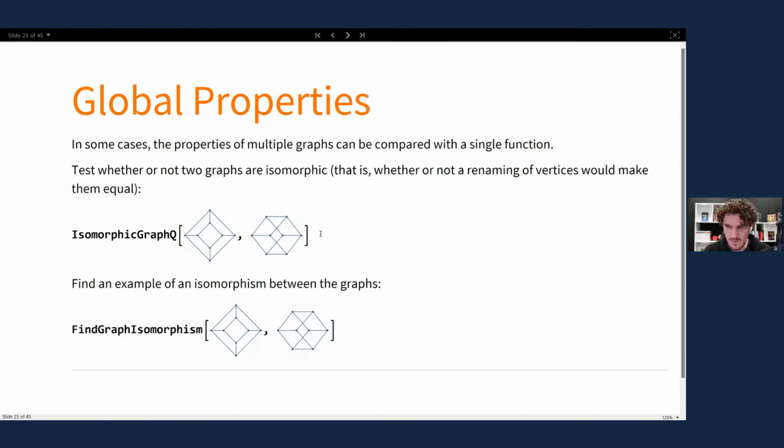Here's a fun one. Testing whether two graphs are isomorphic. And it's kind of funny because I think everyone has some familiarity with this.